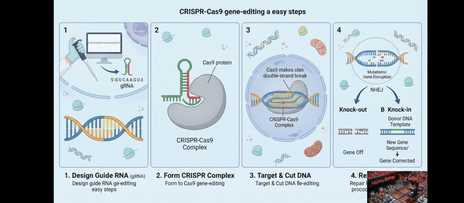Then the CRISPR-Cas9 complex surveys the whole DNA, searches for that particular strand, and makes the cut at the sequence complementary to the guide RNA.